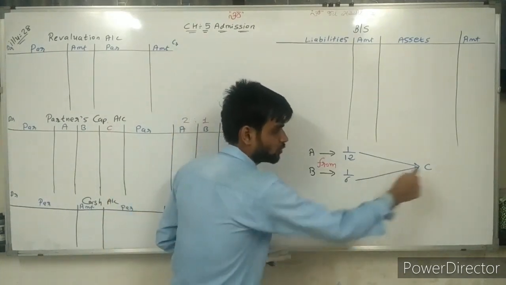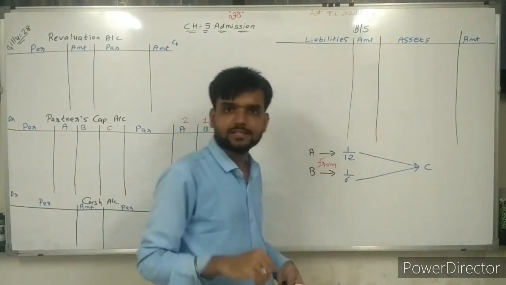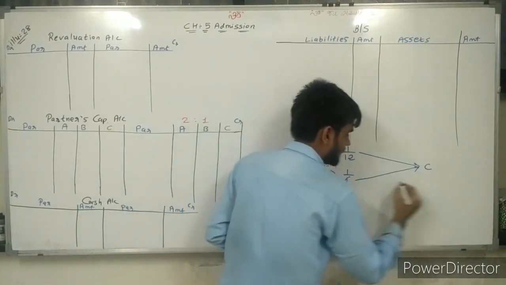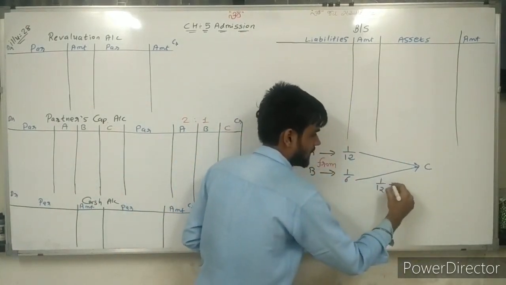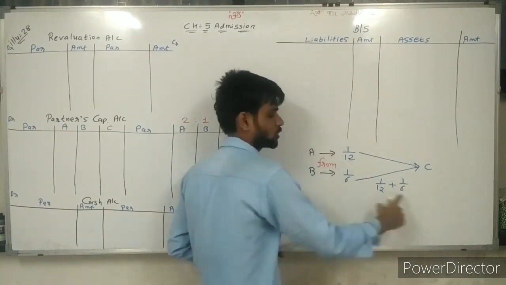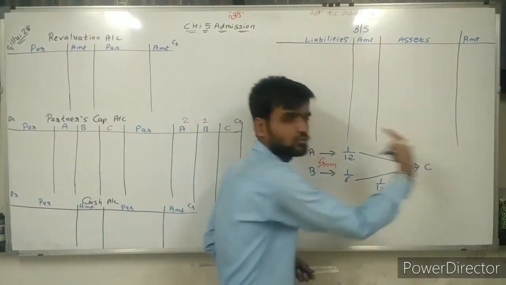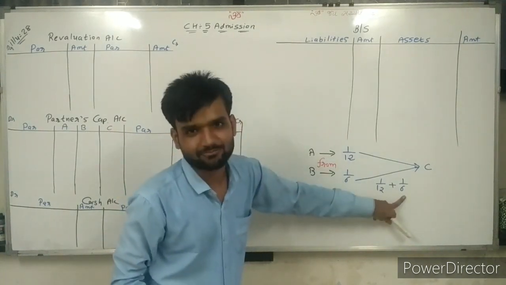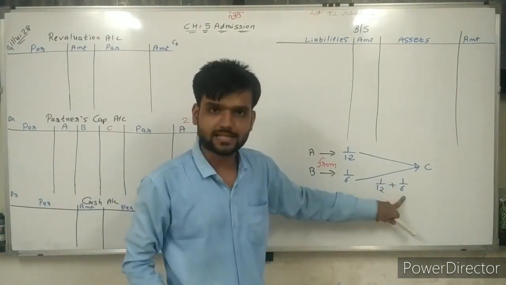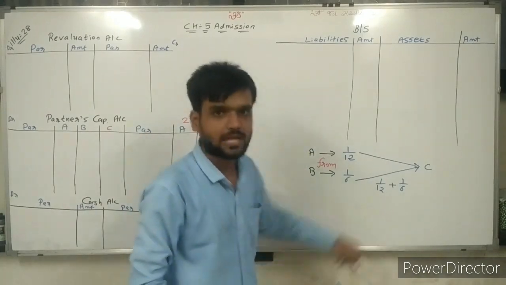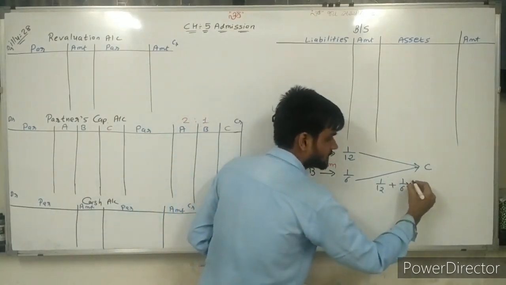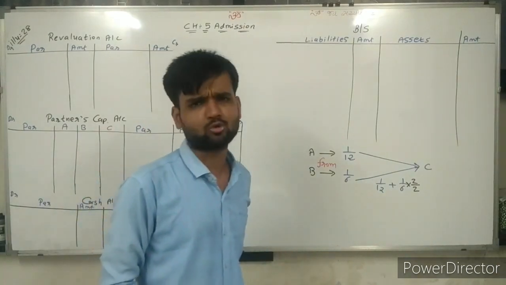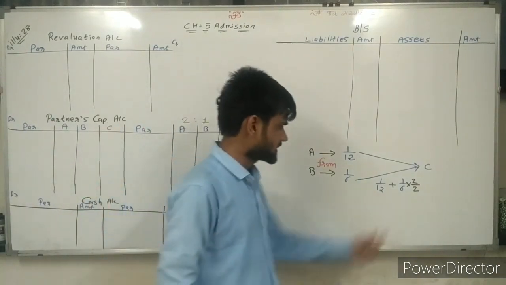So the total of these two is given to C. Simple, 1/12 plus 1/6, the total of these two is given to C. Now here the denominator is not the same. Here 12, here 6. To make it 12, we need to multiply by 2. So 6 twos are 12.